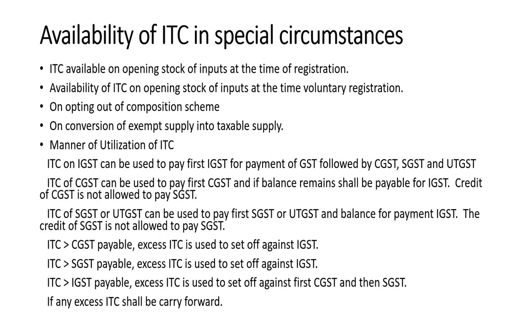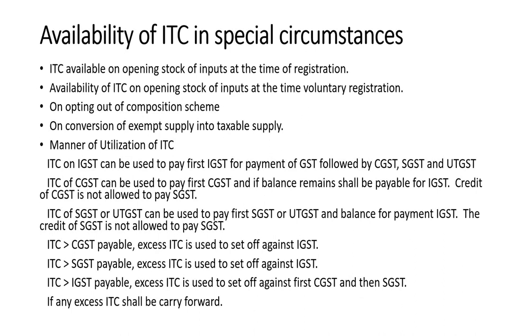Then now let us look into the manner of utilization of the ITC. The ITC on the IGST can be used to pay first IGST, then for payment of CGST and SGST. So it must be orderly paid. Then ITC of the CGST can be used to pay first CGST, and if balance remains, it shall be used for payment of the IGST.